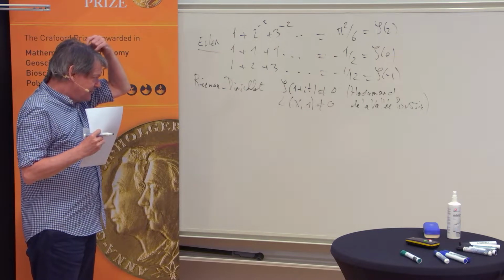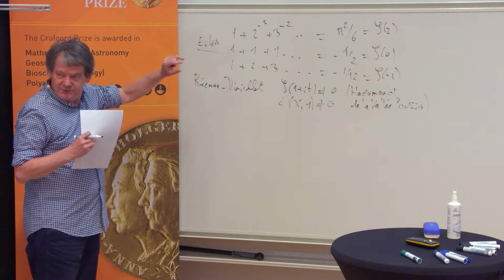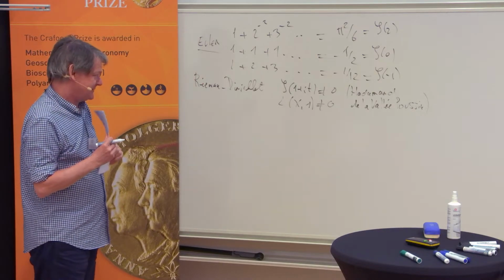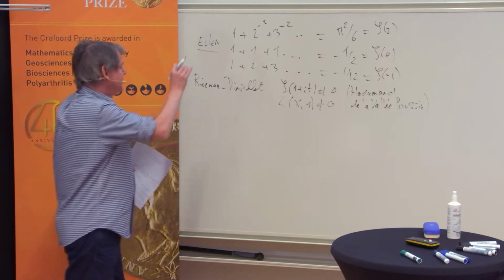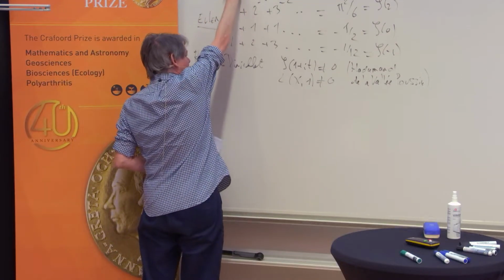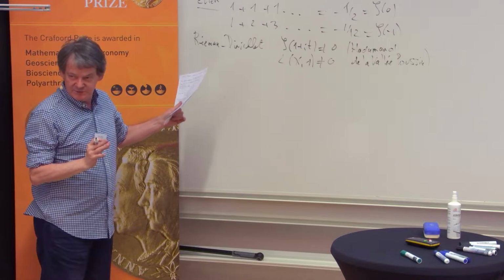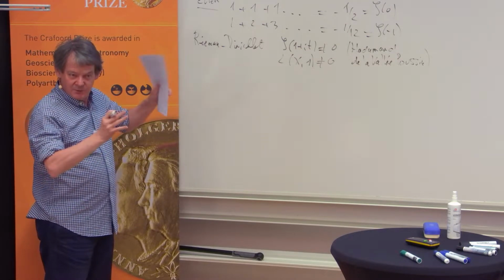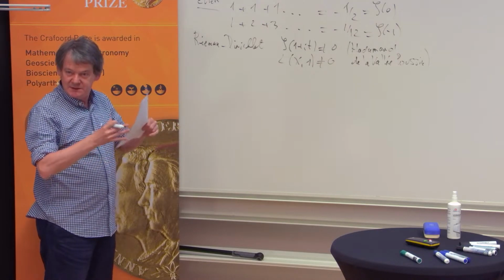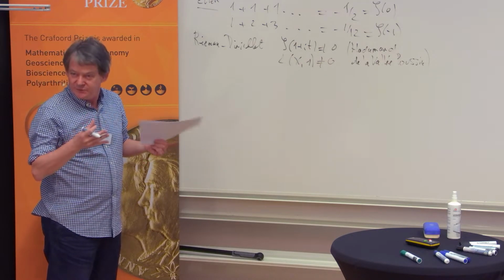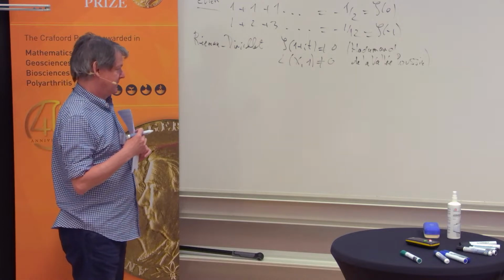So I have nothing special to say about analytic estimates. You had a much better expert this morning. The topic I want to discuss is how you can mix these special values for zeta function with analytic estimates to get strong results in Diophantine geometry in general.